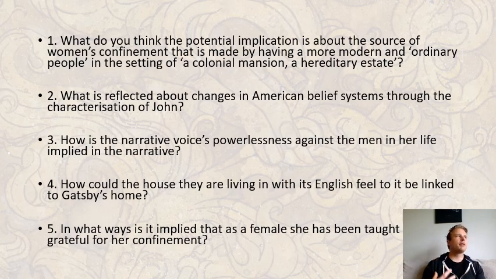So the implication here is that she's been taught to not enjoy, but to accept and be grateful for the control that men place upon her. And where she feels confined by that, the narrative evokes a sense of guilt and a sense of wrongness about her own behavior, in that it runs counter to seemingly what it should be. So it's implied that she's been taught to act in this specific way.